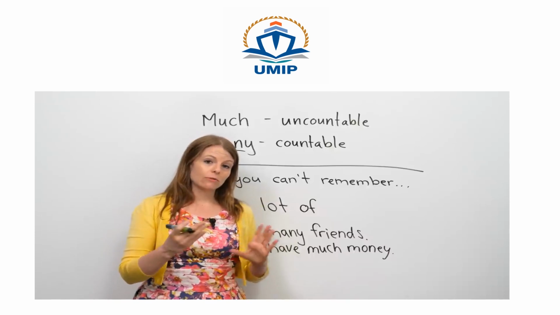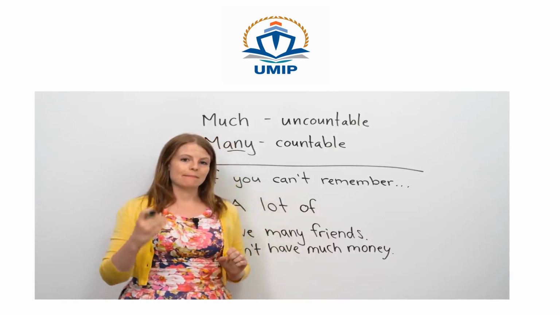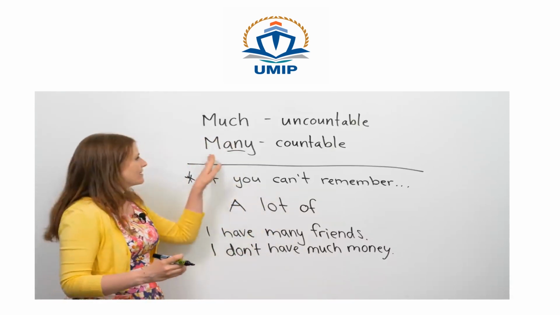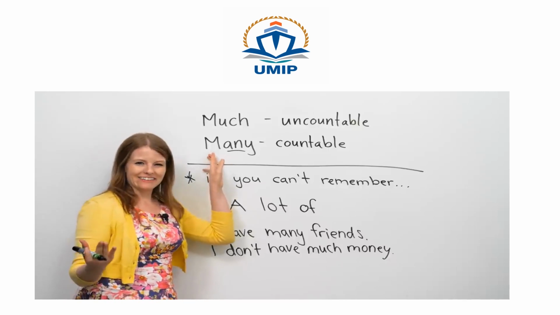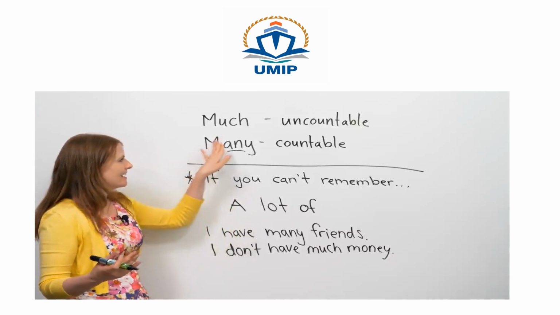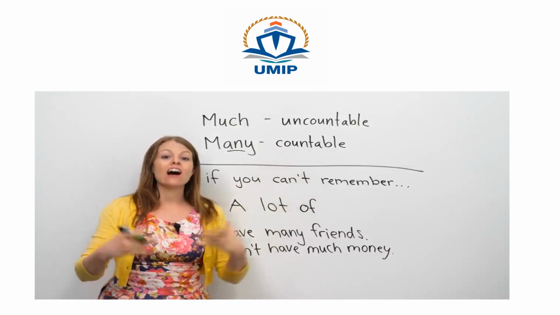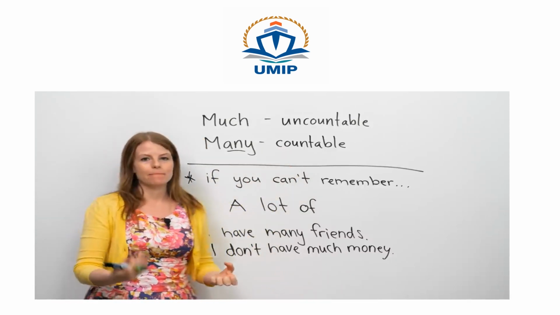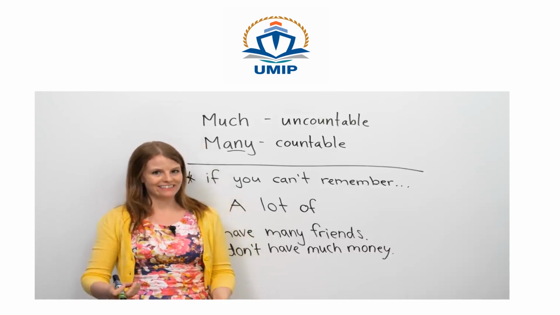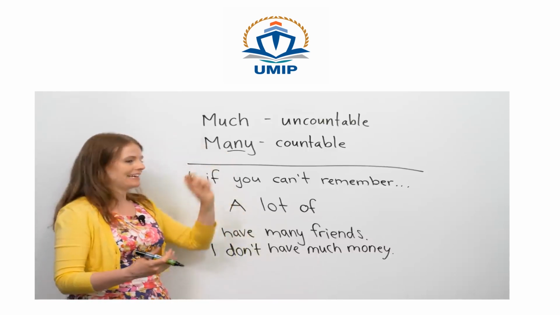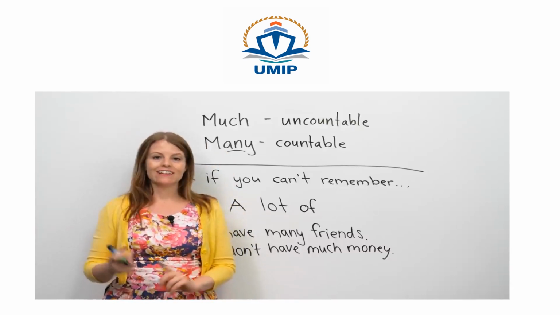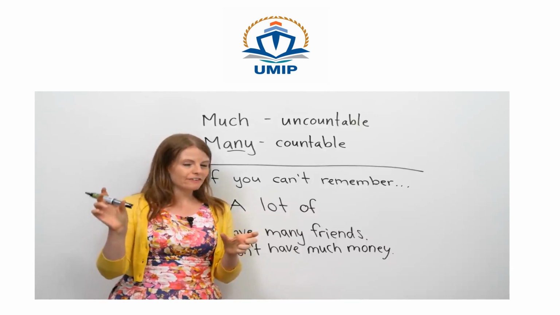So right now we're going to learn about many and much. So let's start with many because it's a little easier. Many is used with countable nouns, and it means a lot. So for example, I have a lot of friends. I have many friends. So it's when we're not giving a specific number.